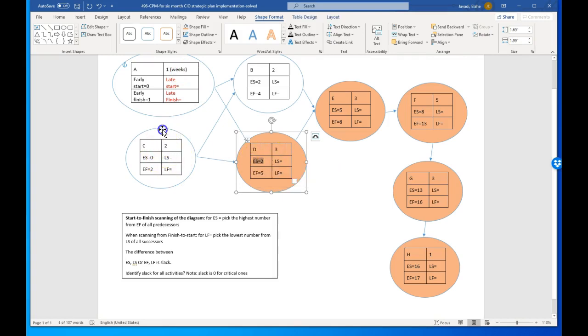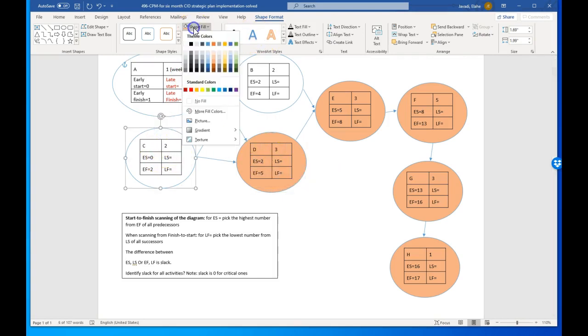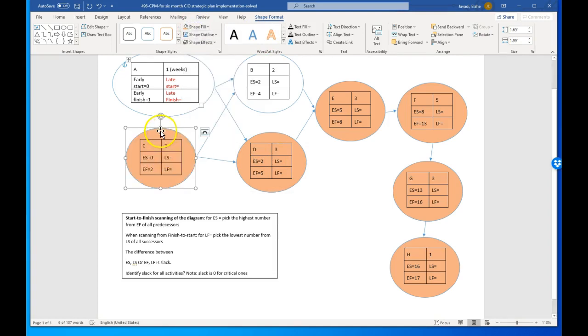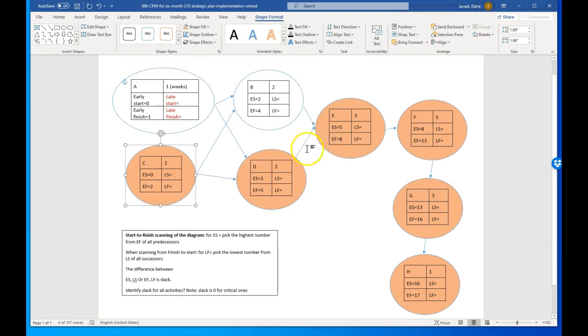I got it from here, so that one is critical. So C, D, E, F, G, H is your critical path, the longest path from the beginning to the end of the project. All activities on the critical path are critical.